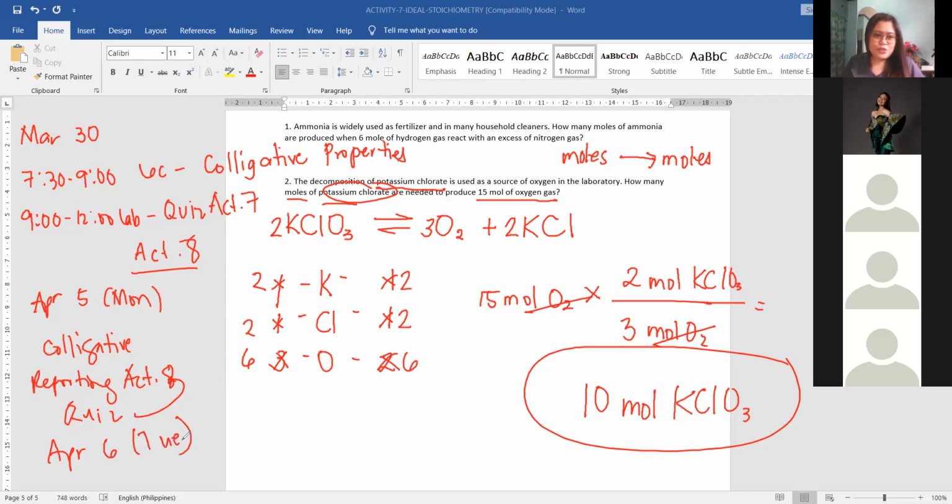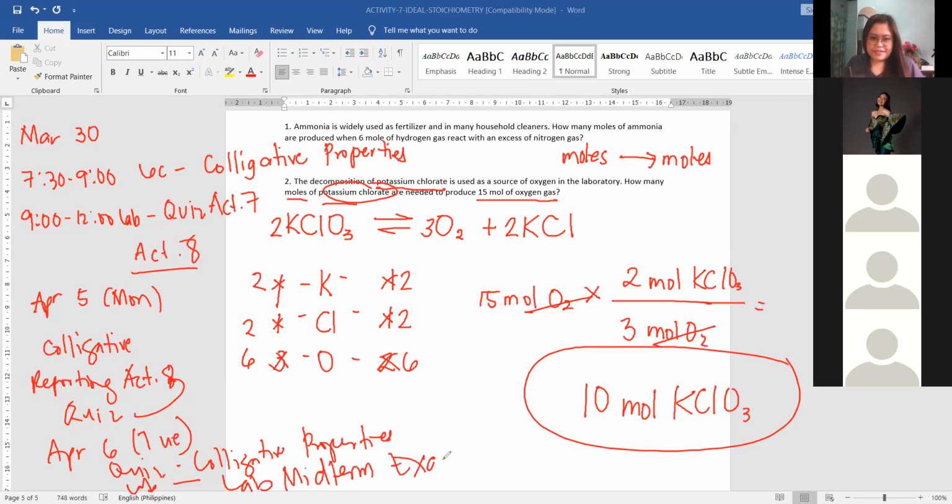So sa April 6, naapatay klase class kay ang inyuhang exam kay April 7 pa. So this is a Tuesday. So sa 7:30, we'll have our quiz about colligative properties. After the quiz, sa laboratory, we will have your lab midterm exam. Ayan. So, na ato ang remaining na mga schedule with the activities na ato ang himuon para makapanukad mo.